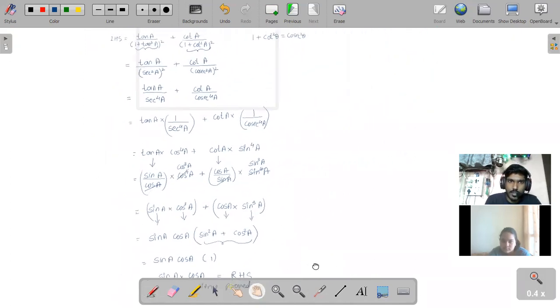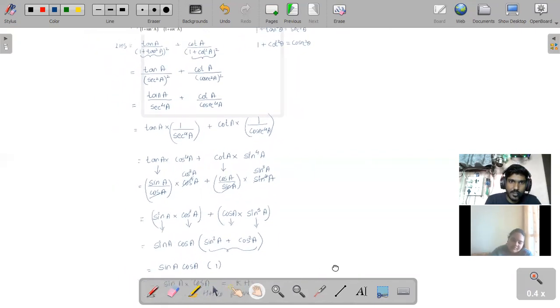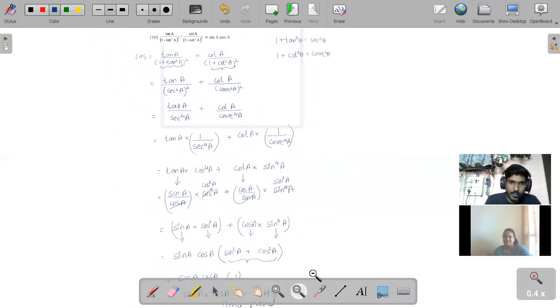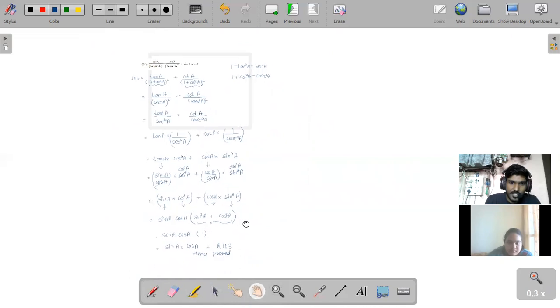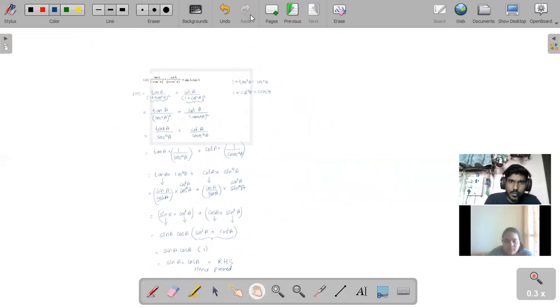Now understand all the steps and write it down. Can you see it, or is it too small? I can zoom. I hope it is visible after zooming.